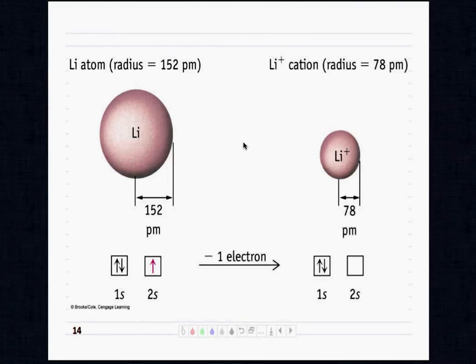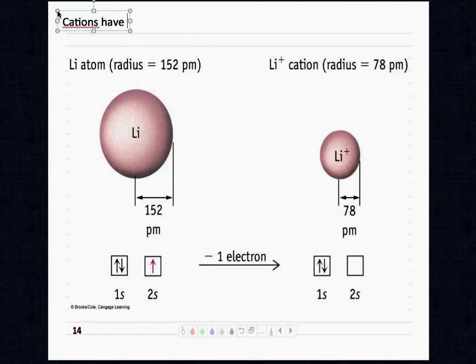When it loses one electron, this subshell is going to be empty. That means it's going to be smaller inside. And this is the rule of thumb.